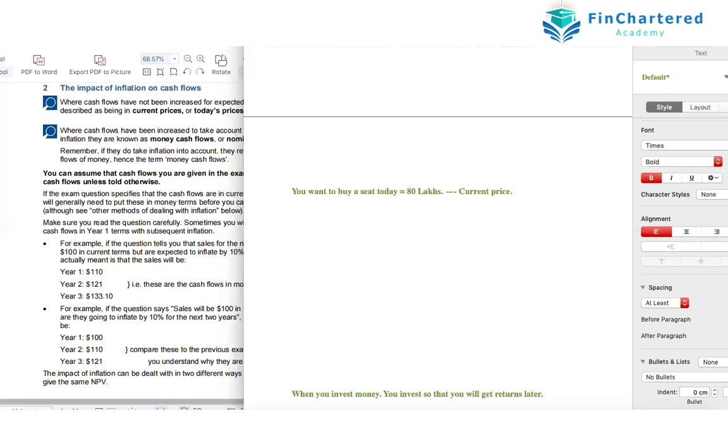Then they're saying after 2 years, obviously there will be an increase. Things will become more expensive. There will be inflation. They're saying after 2 years, if we want to buy the same seat, we need more than 80 lakhs. They're saying that we need 96 lakhs.